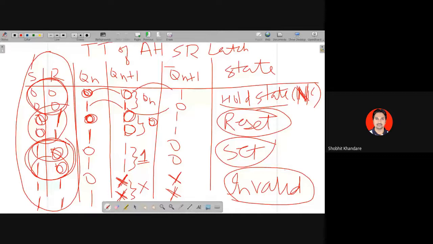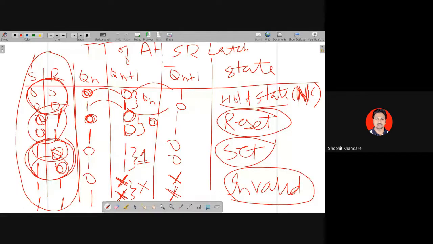Very good. Tell me under the reset state, what is the status of S and what is the status of R? S 0, R 1. Very good.